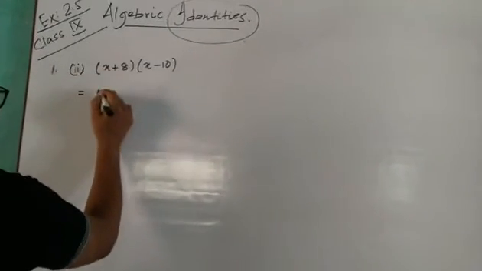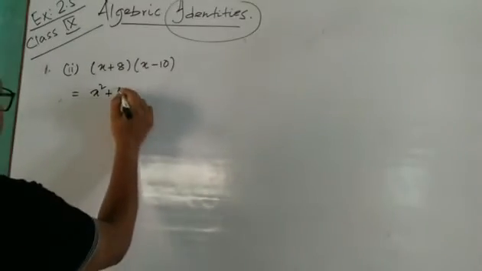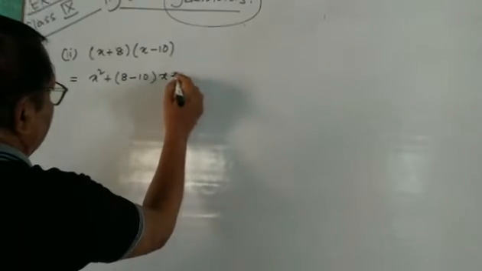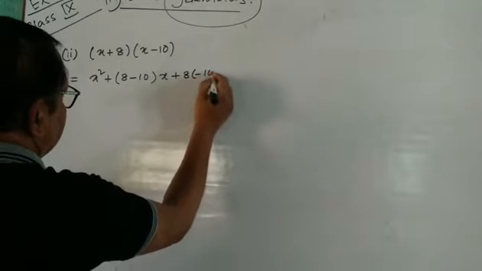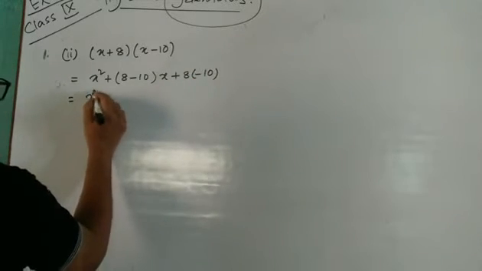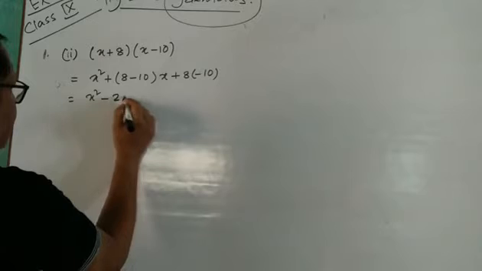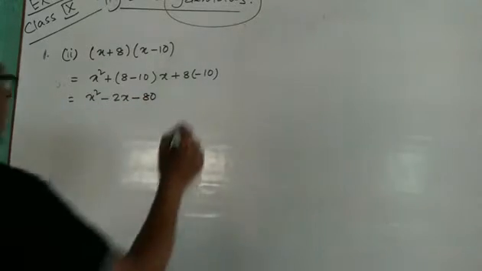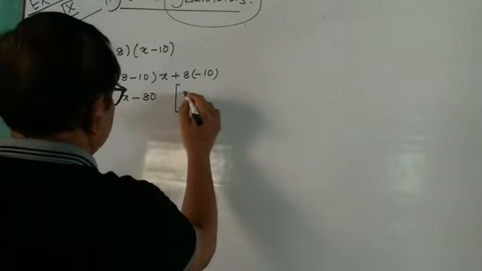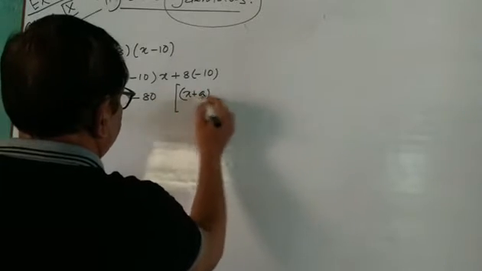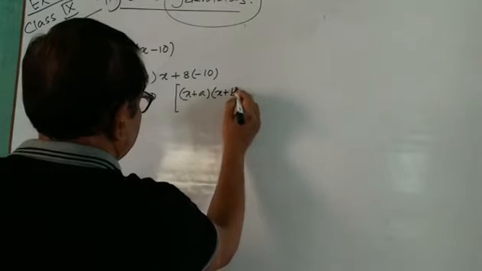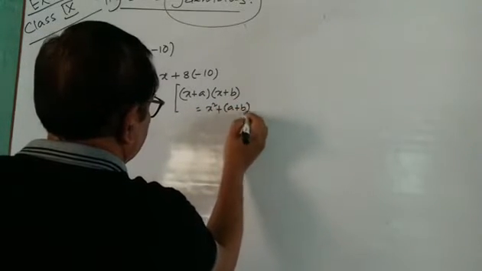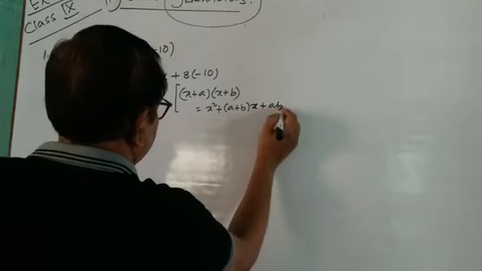We will simply write x square plus (8 − 10) into x plus 8 into (−10). That will give us x square minus 2x minus 80. Which identity have we used? (x + a) into (x + b) is equal to x square plus (a + b) into x plus ab.